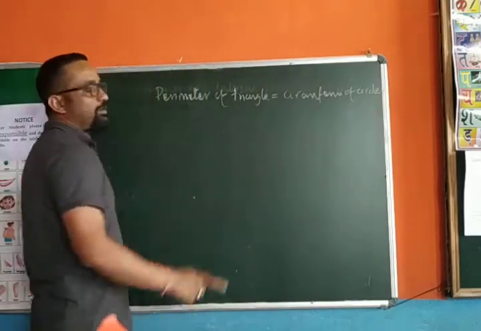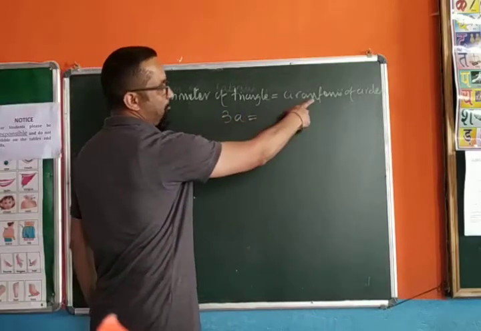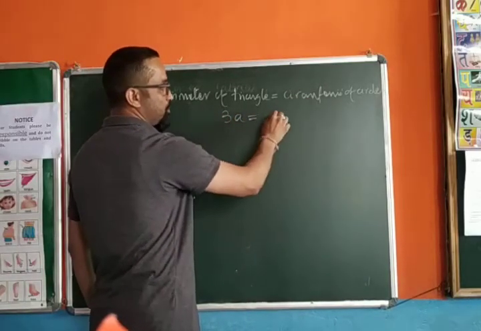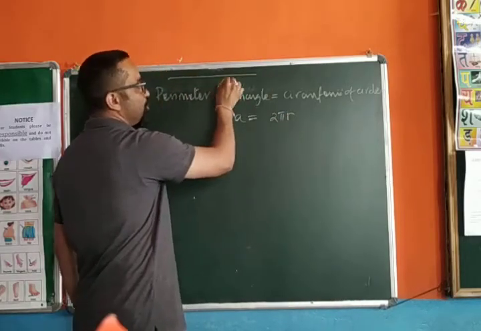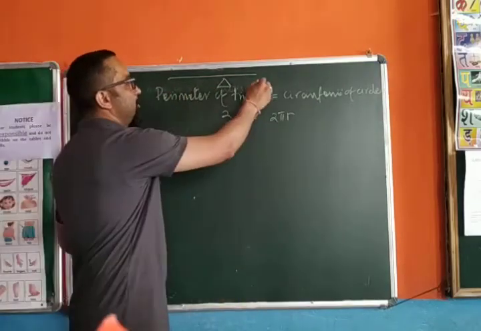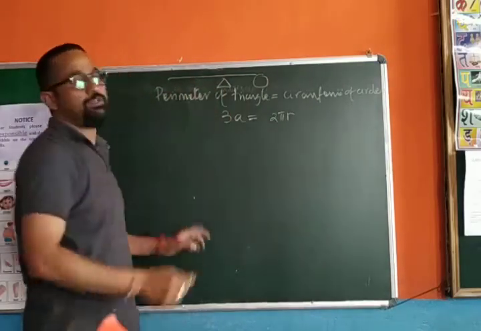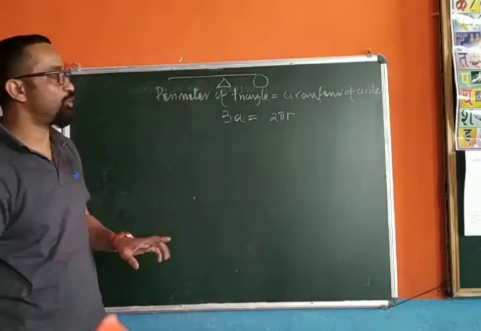So perimeter of equilateral triangle is 3a and circumference of circle is 2πr, because the same wire is bent into the form of a triangle and the same wire is bent into the form of a circle. So the perimeter has to be equal.